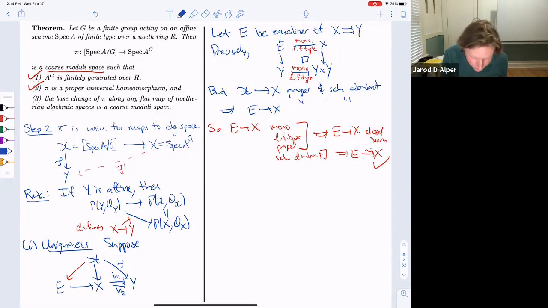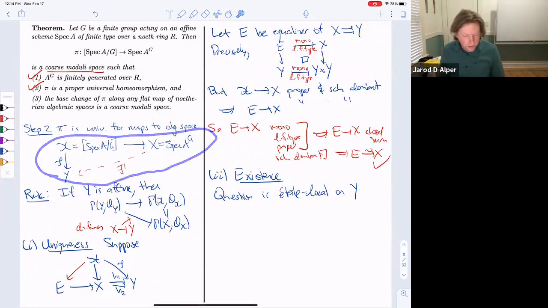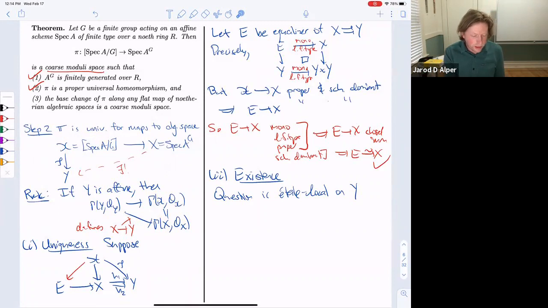Okay, so now we turn to the existence. I want to claim that the question of existence is tau local on Y. In other words, we're in this setting on the left-hand side where we're given this map phi from X to Y, and we want to construct a unique map from X to Y. And the point is, because we already know that if the extension exists, it's unique, that allows us to apply tau descent in order to make the question tau local.